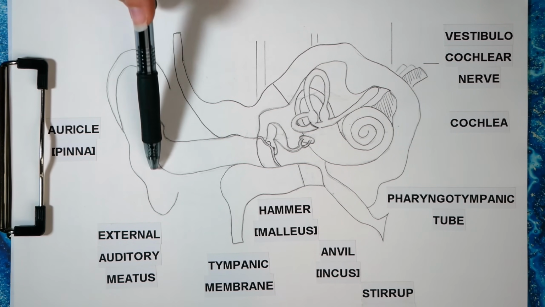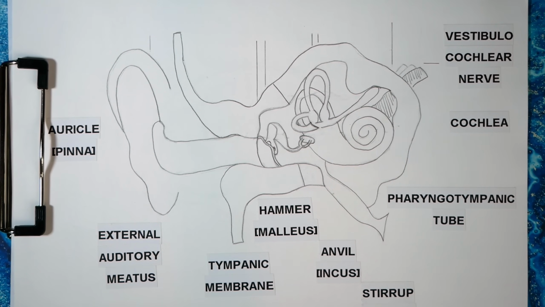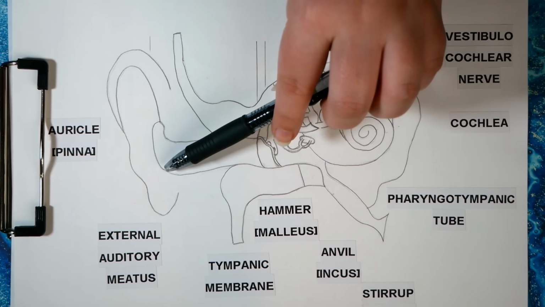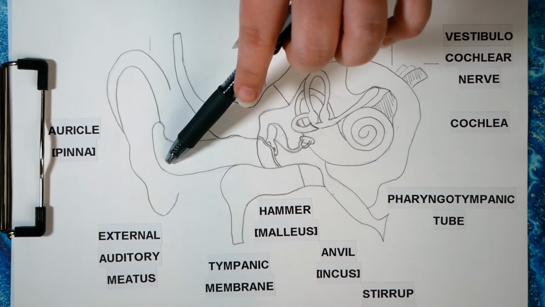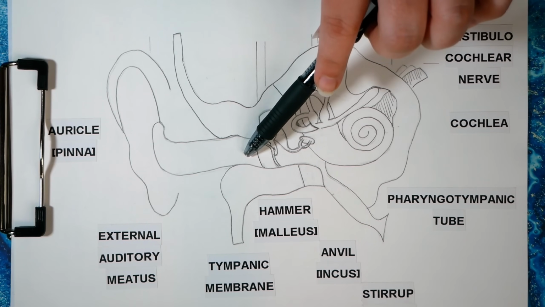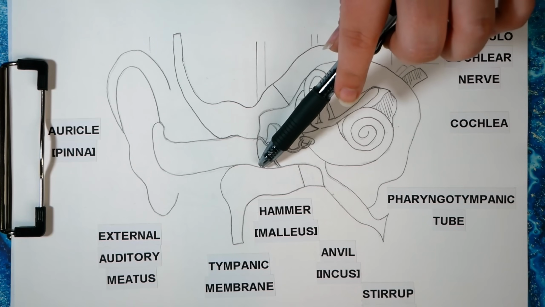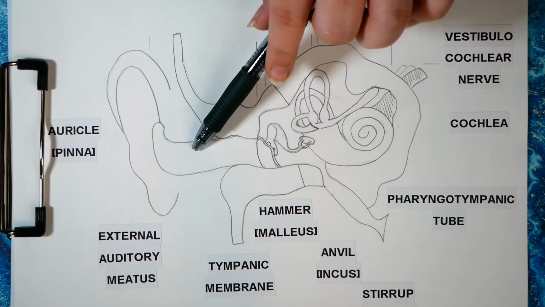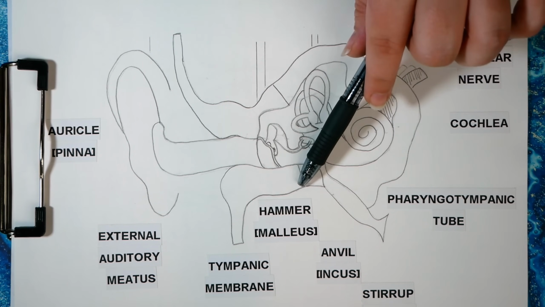We didn't talk about the external auditory meatus quite yet, but this is the opening for the ear canal, which travels inside the head here and ends at the tympanic membrane, which is the boundary between the external and middle ear here.